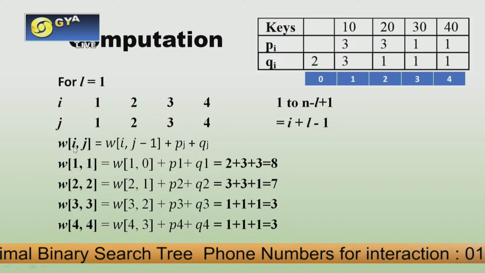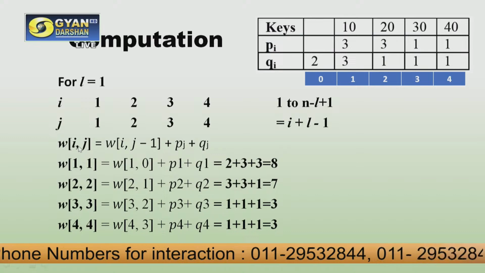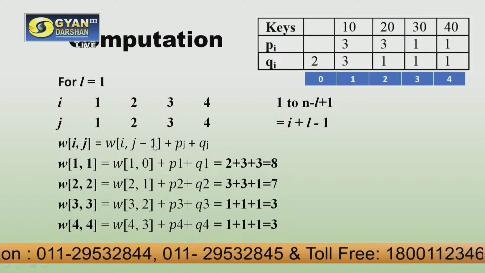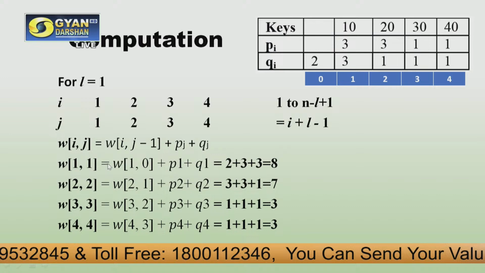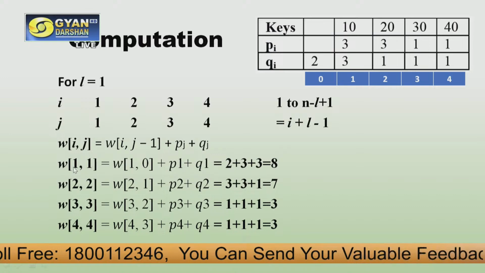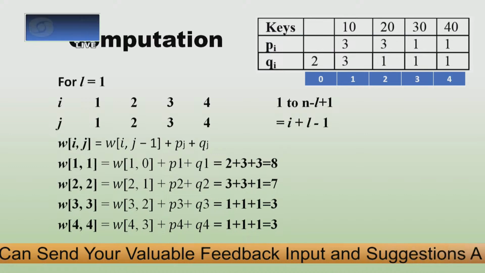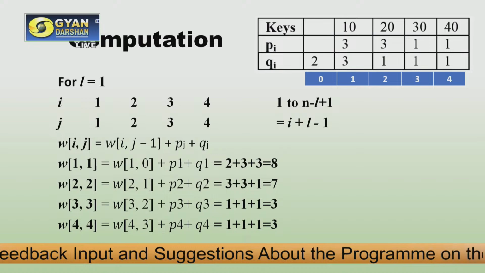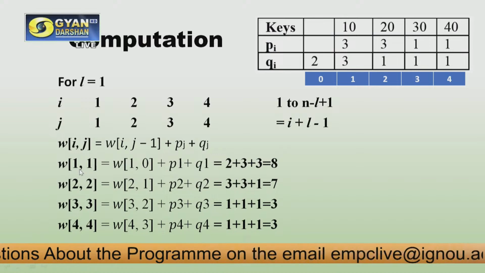Okay. And what was the value of wi,j? The recursive formulation was wi,j minus 1 plus pj plus qj. Now this is going to be computed one by one, right? First w11 will be computed, then it will result in e11 computation. But we have shown all w values over here just for the sake of simplicity.